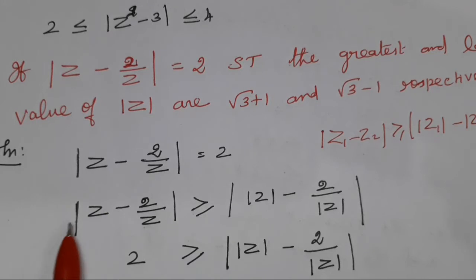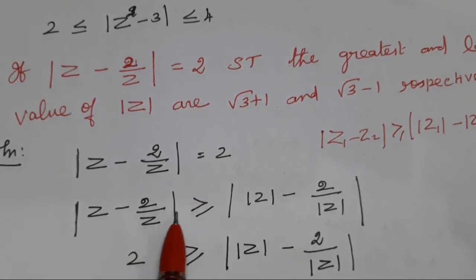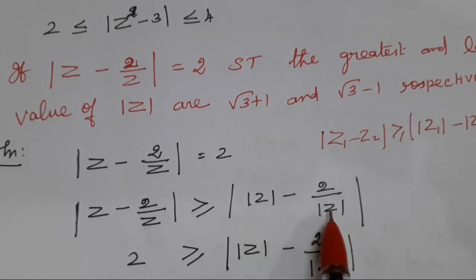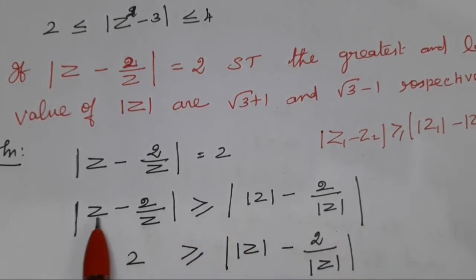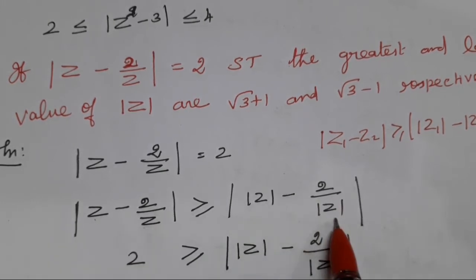Using this step, what are you writing? Here I have minus. So modulus of z minus 2 by z is greater than or equal to the whole modulus of modulus of z minus modulus of 2 by modulus of z. See what is the question? Modulus of z minus 2 by z is given as 2. We substitute the result here: 2 is greater than or equal to the whole modulus of modulus of z minus 2 by modulus of z.